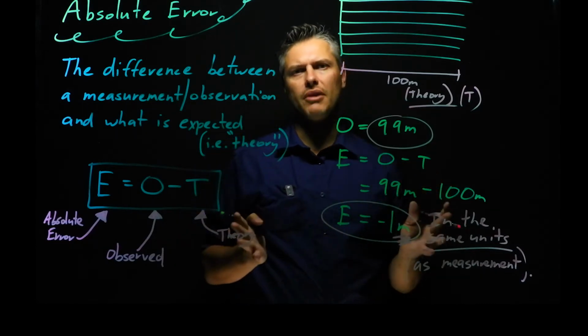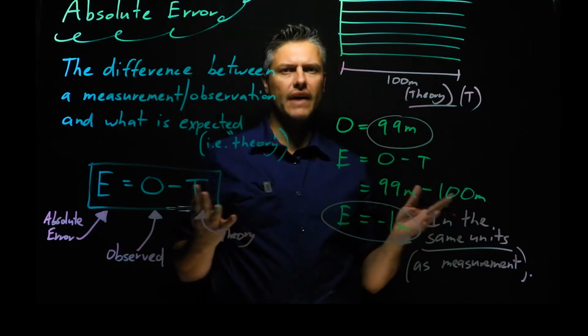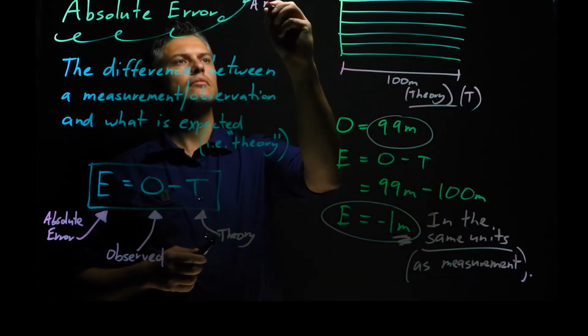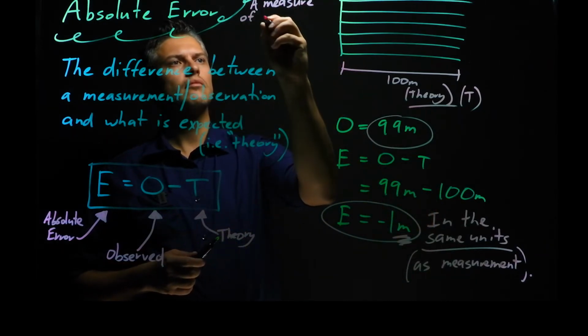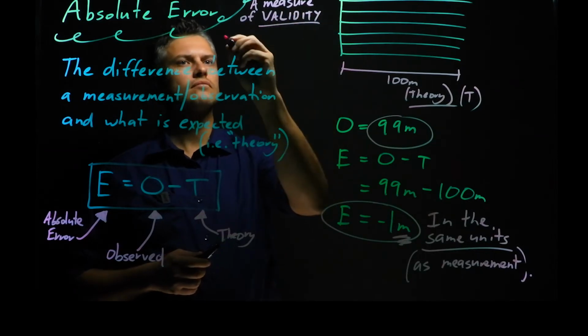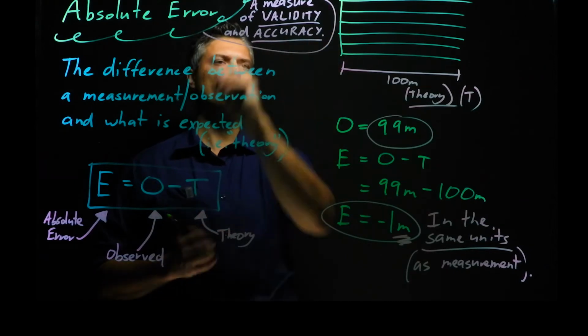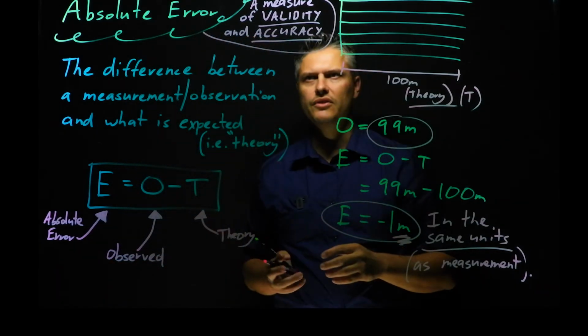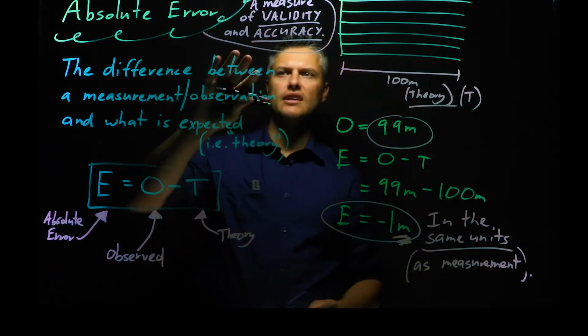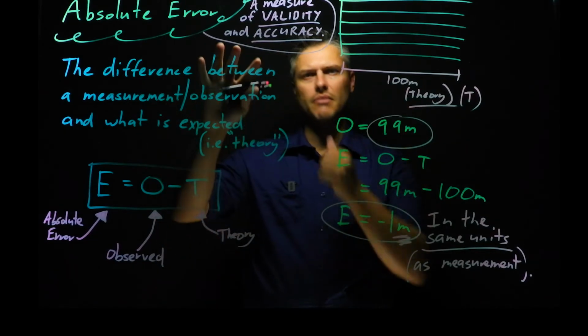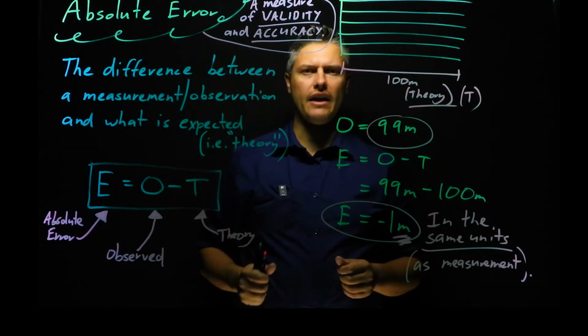And therefore we can comment on whether or not our experiment is valid. Okay, so that's a really important concept as well as the same units, to understand that absolute error is a measure of validity and of accuracy.